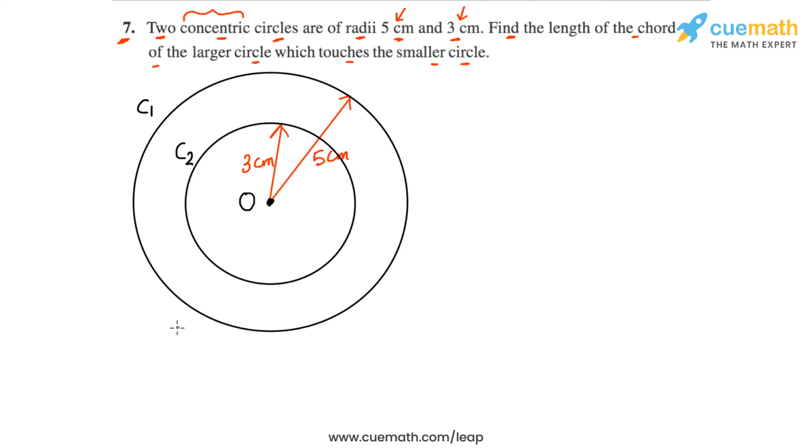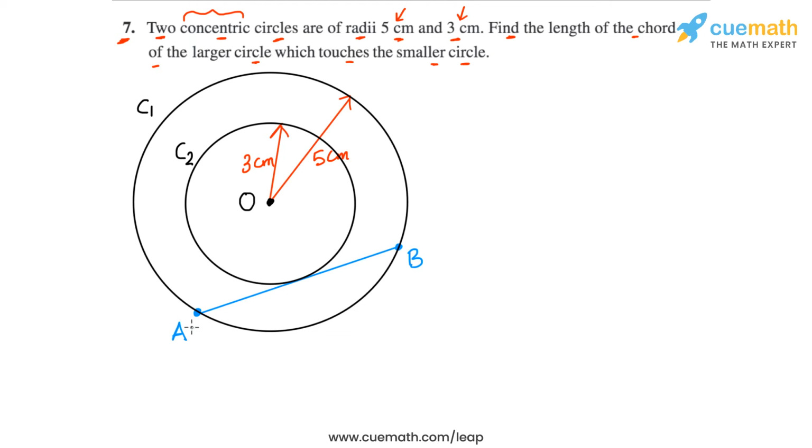Well, just take any point on the outer circle. Let's call it point A. Through the point A, let's draw a tangent to the inner circle, cutting the outer circle again at, let's say, point B.